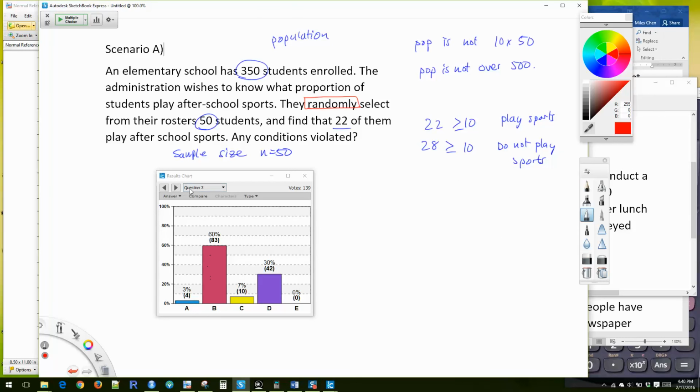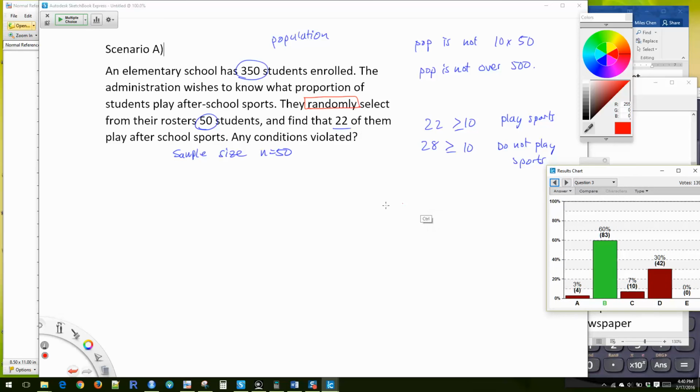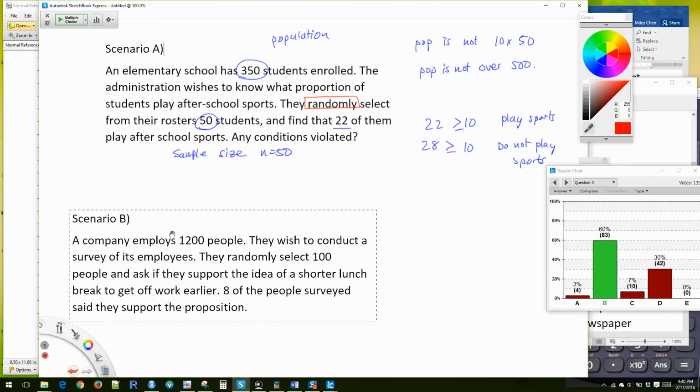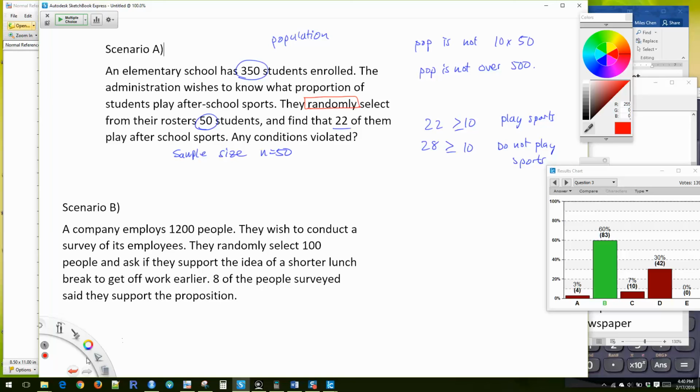So the answer choice is B. Some of you guys selected D, saying no conditions were violated, but that's not the case. Our population is 1,200. Our sample is 100. So 100 times 10 is 1,000, and our population is greater than 1,000. So we're good there.